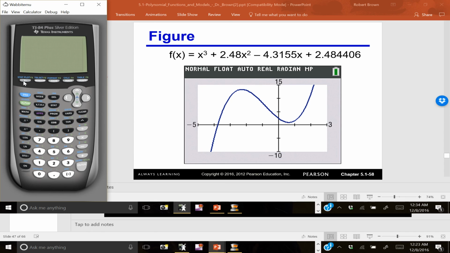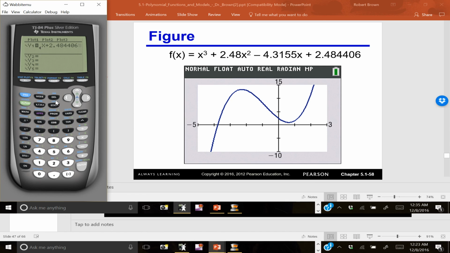First of all, turn on the calculator, clear it, and put x cubed plus 2.48x squared minus 4.3155x plus 2.484406.